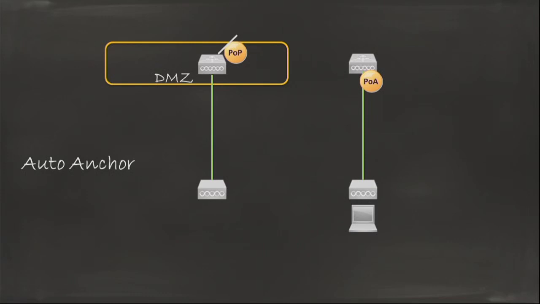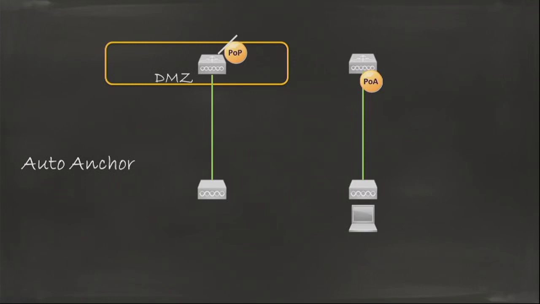In the guest example, you'll say, I don't know what access points my clients are going to be connecting through, but whatever they are in my building, I want their traffic to be always sent to the controller in the DMZ, so they are behind my firewall and they are always going to the internet and not going back into my network. So auto-anchoring is a feature by which you send always to the same place, regardless of roaming and association, etc.